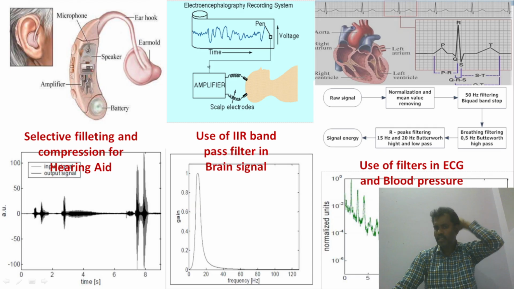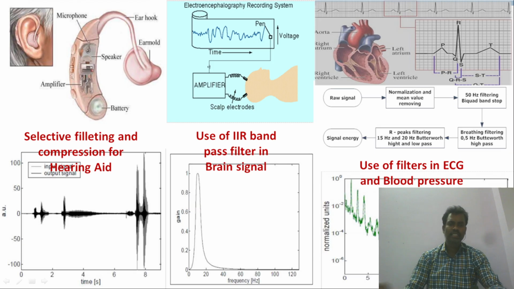So if any noise is included in this frequency, it may indicate a rise of blood pressure. So we need to remove this. We need filters which can accurately remove these very narrow band signals.